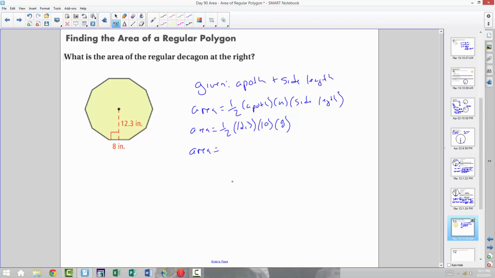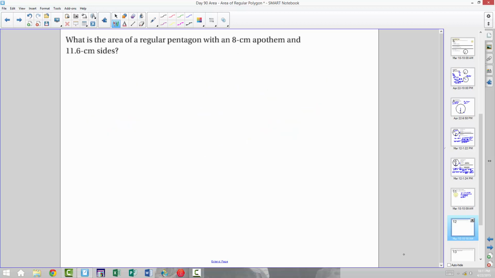That gives 492 inches squared. What's the area of a regular pentagon with an 8 centimeter apothem and 11.6 side length? Same thing. Given the apothem and the side length, area equals half the apothem times the number of sides times your side length.